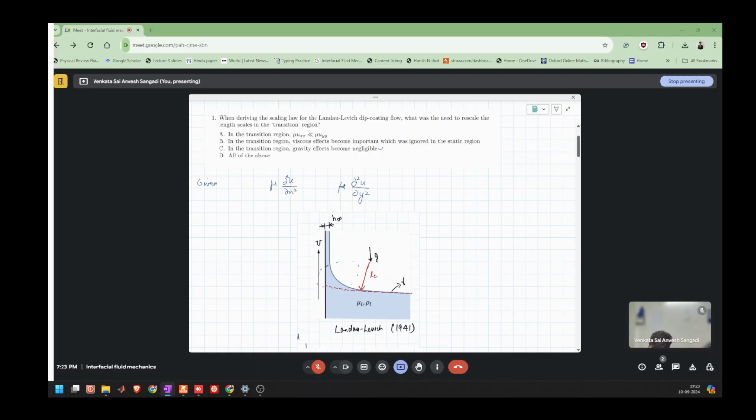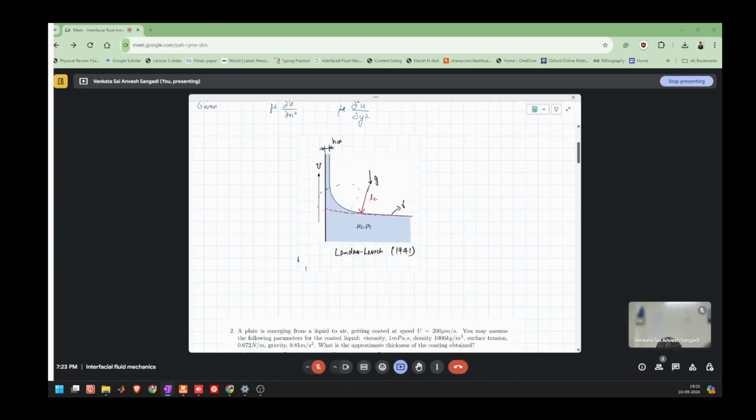And in the transition region, as we have just discussed, viscous effects become important. If we look at this diagram, the coordinates that we use are this is y and this is x.